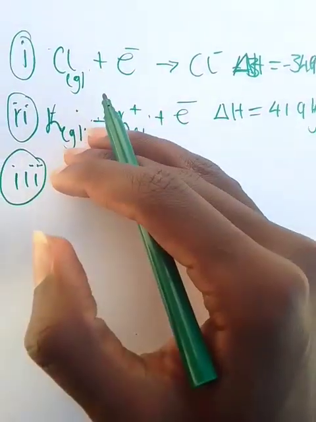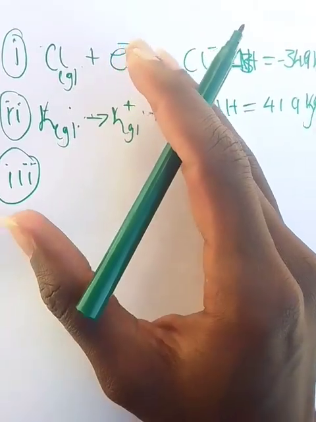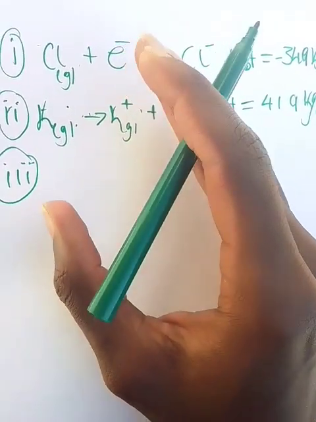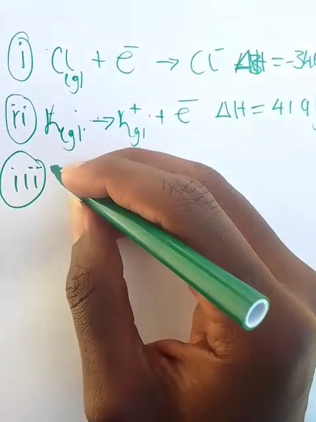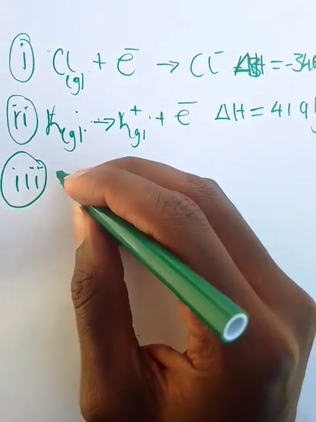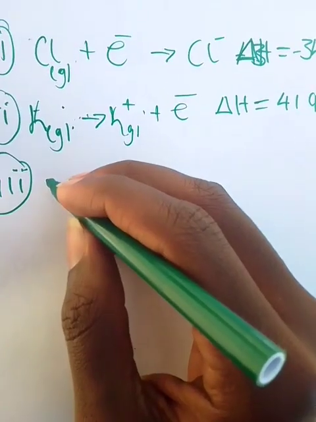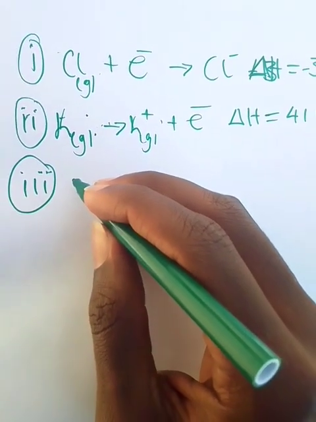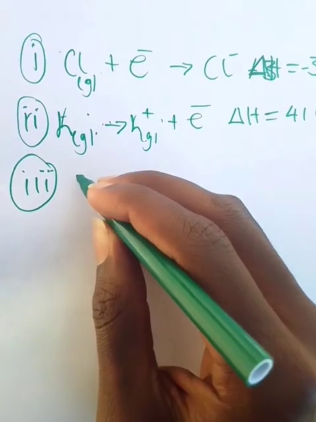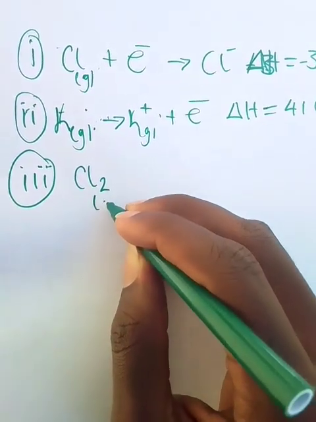So the procedure, even for lattice energy and anything other than the enthalpy of formation, is still the same. There is just a certain stage where they're going to be different. The third one is bond energy, the bond energy of Cl2. This is where the bond gets broken. This is also called dissociation, right?